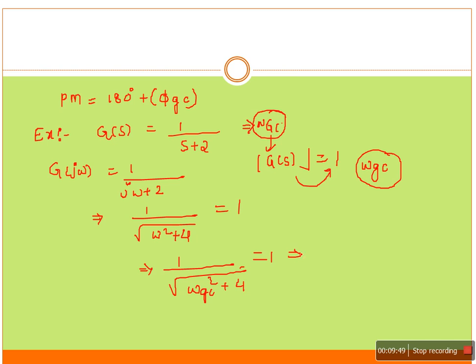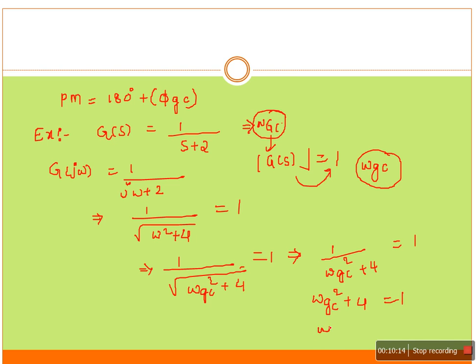So from this we can write, squaring on both sides, what you will get? 1 by omega gc square plus 4 equal to 1 square, which is 1. So from this we can write omega gc square plus 4 equal to 1.